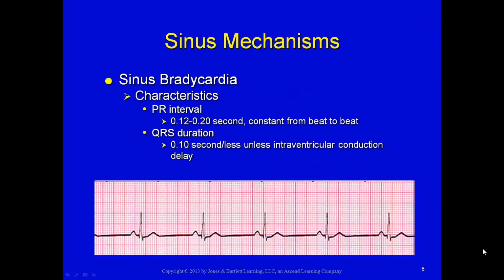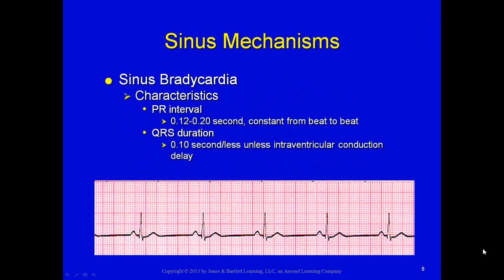Or if this were a 6-second strip, if each one of those little tiny black ticks on the top of the paper represented 1 second, then you could count the number of complexes, 1, 2, 3, 4, 5, and know that the rate was 50 as well.